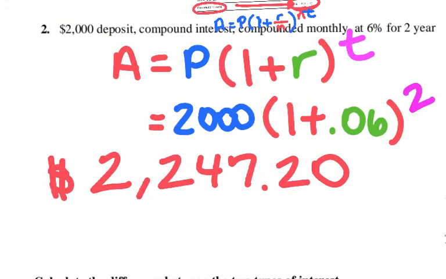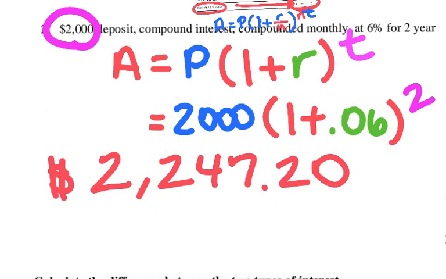Okay, so the total amount comes out to $2,247.20. Again, be careful with the wording on these questions, because if it asks for the interest, that's not the interest. That's how much you're getting all together. So what you would do to get the interest is subtract it from the 2,000.